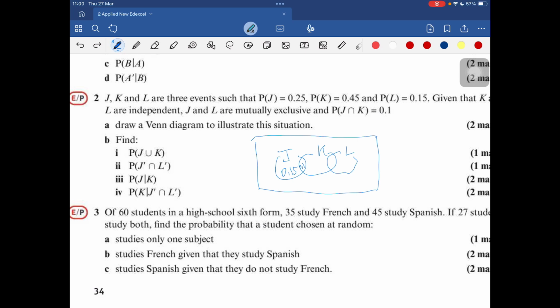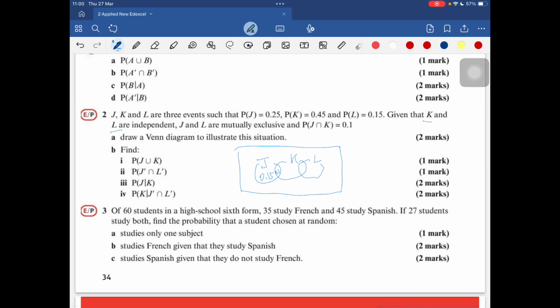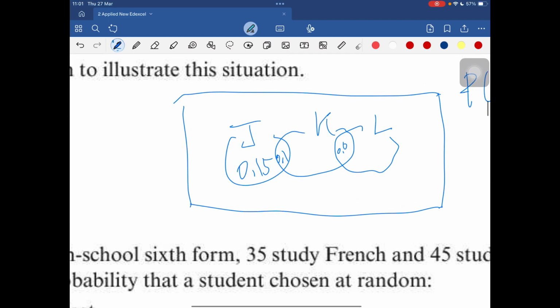Now K and L are independent, so the intersection is the product of K and L. K is 0.45, L is 0.15. Let me bring my calculator. So 0.45 times 0.15 is 0.0675.